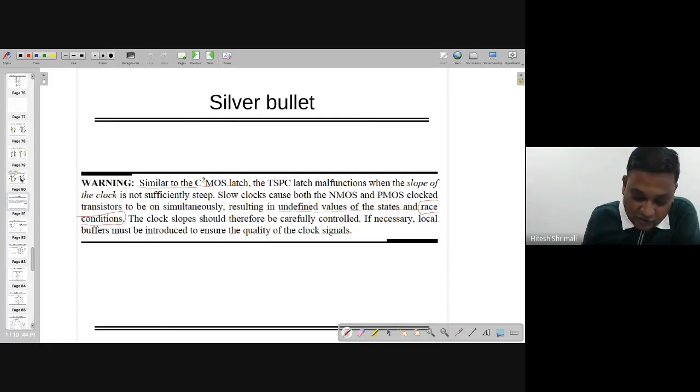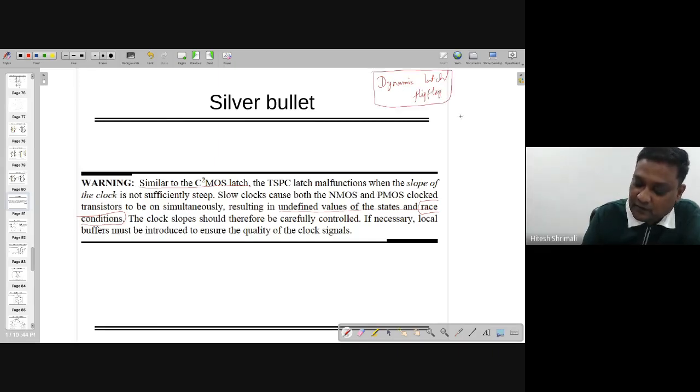Okay, so that might be sufficient for the dynamic latch or flip-flop. We have studied the following things. One is just a master-slave, where you had the transmission gate connected to the capacitor.